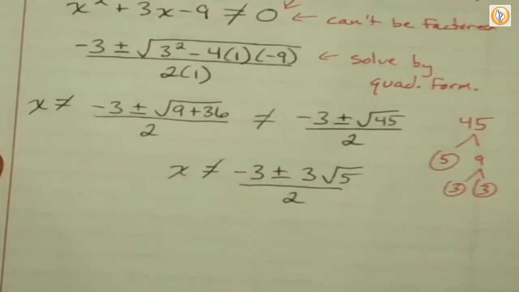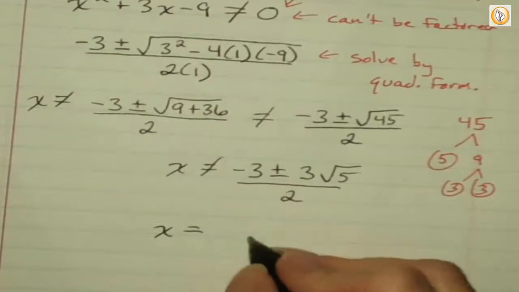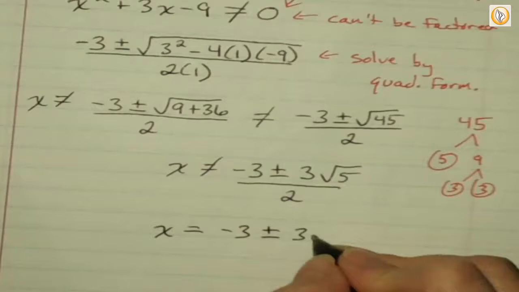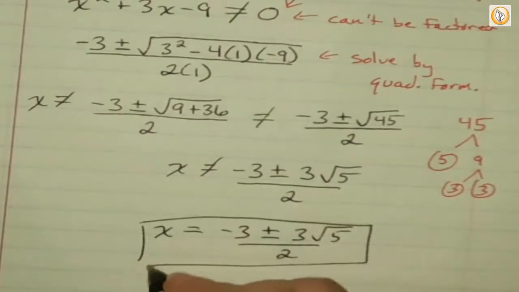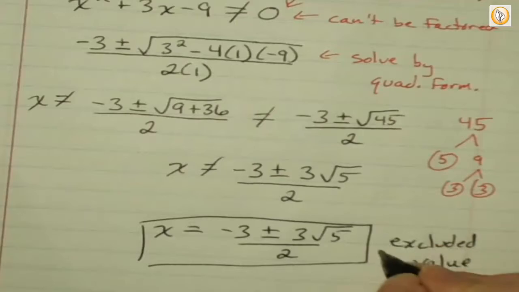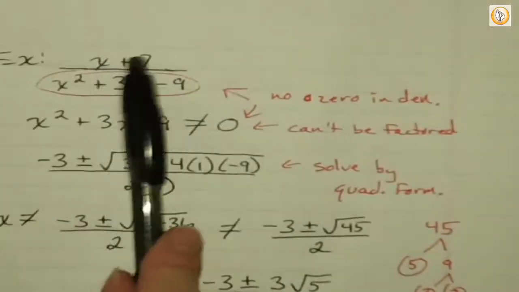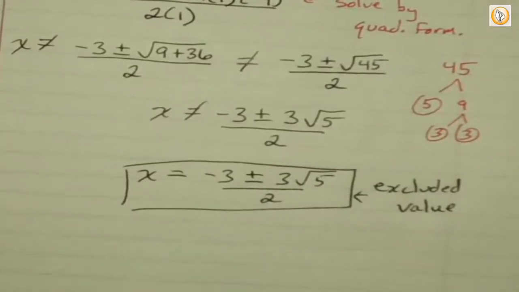Therefore, my answer is x equals negative 3 plus or minus 3 times the square root of 5 over 2. This right here is your excluded value. What about the top? It doesn't matter. We don't even need to look at it really.